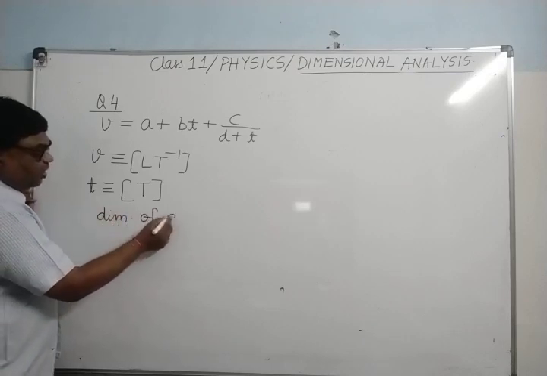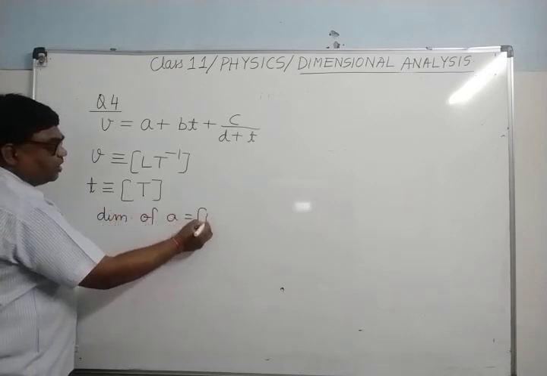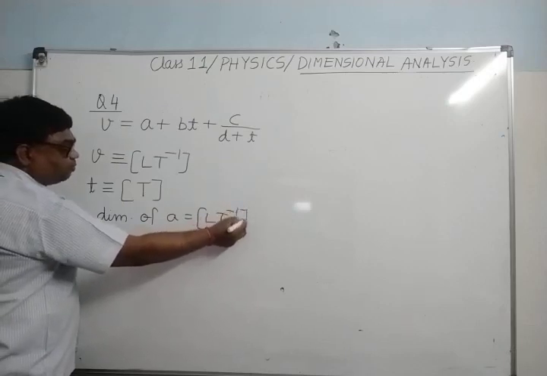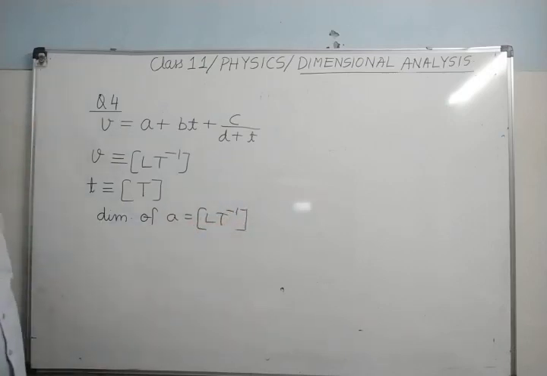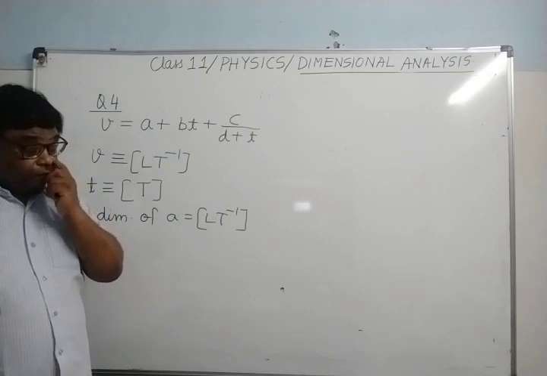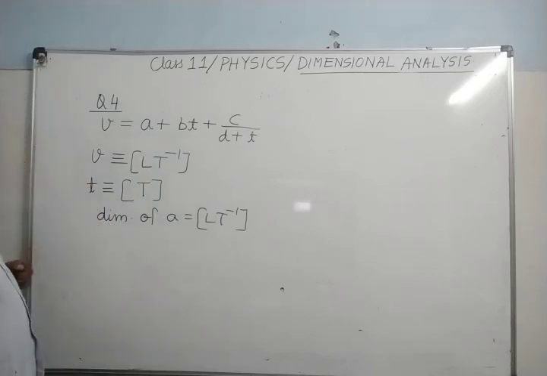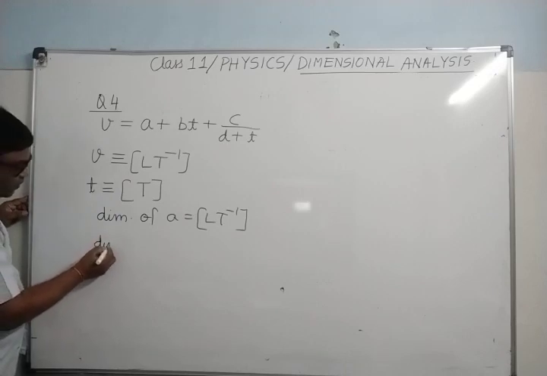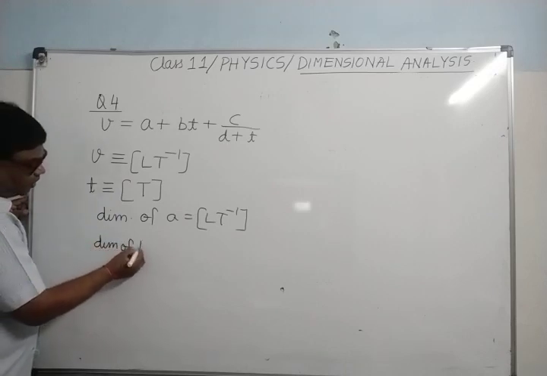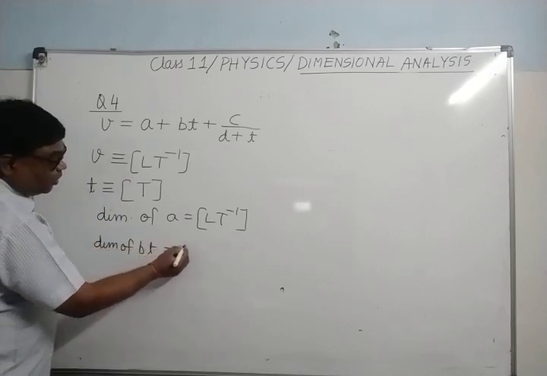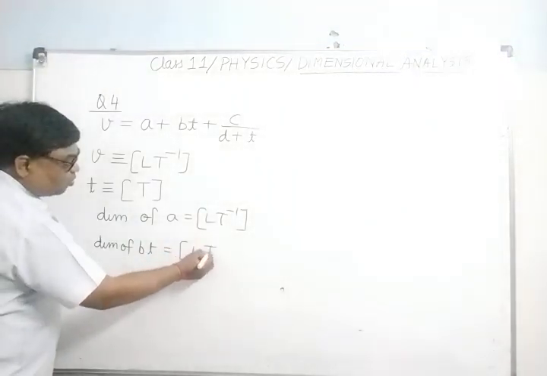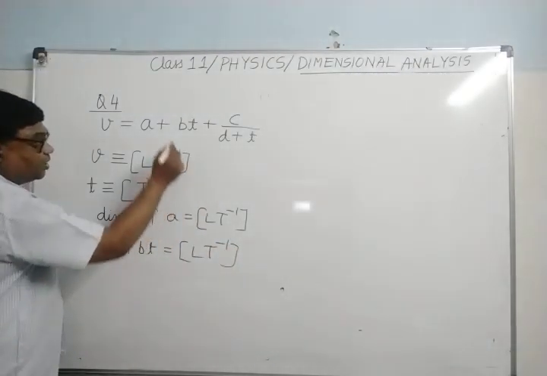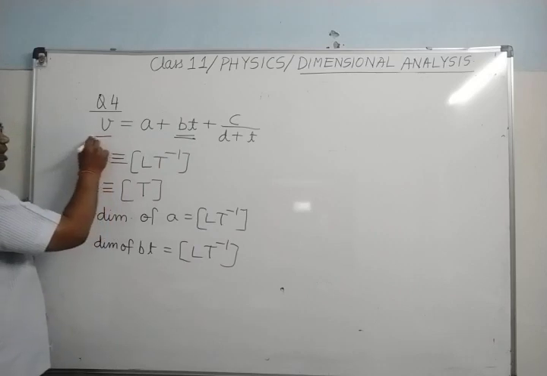From the principle of homogeneity, the dimension of A will be LT minus 1. Then the dimension of BT will also be LT minus 1, because this term has the same dimension as V.